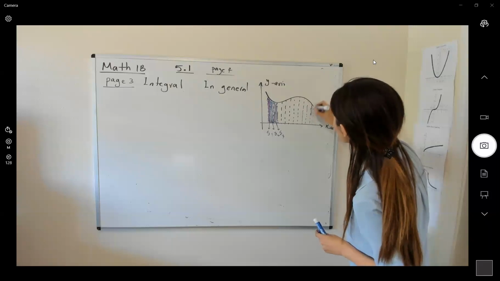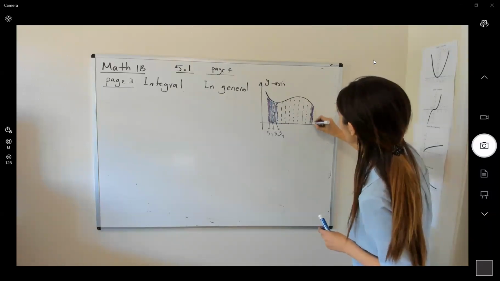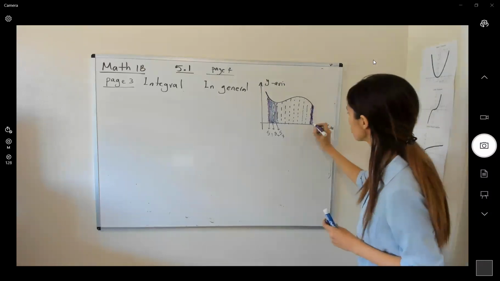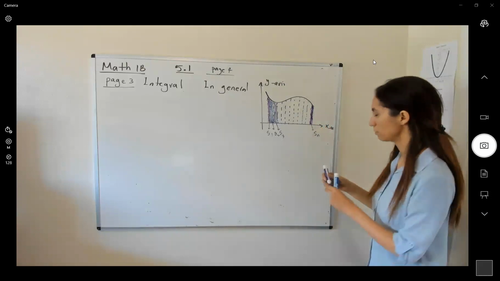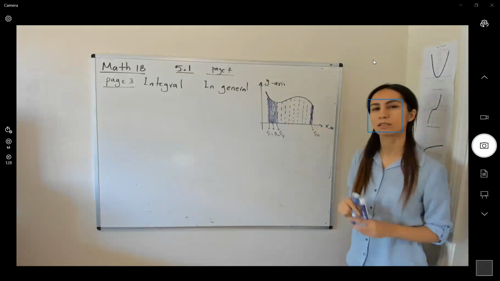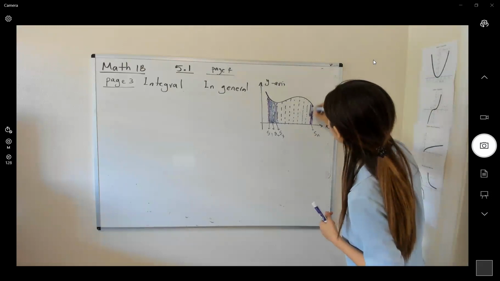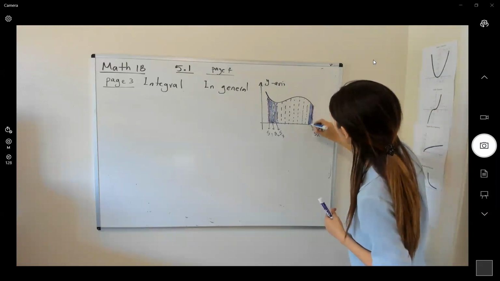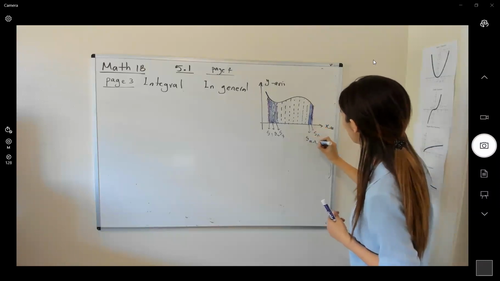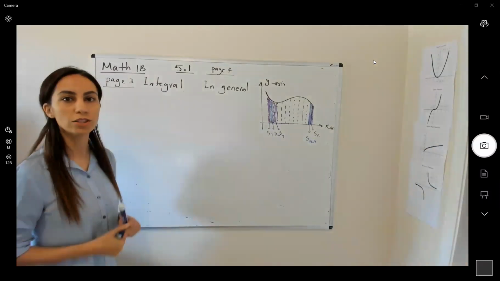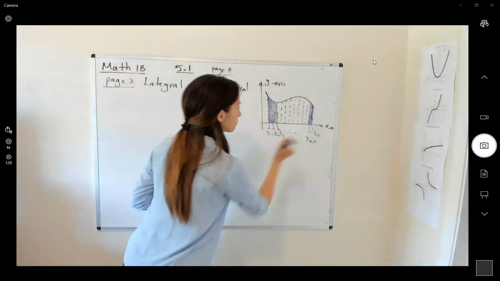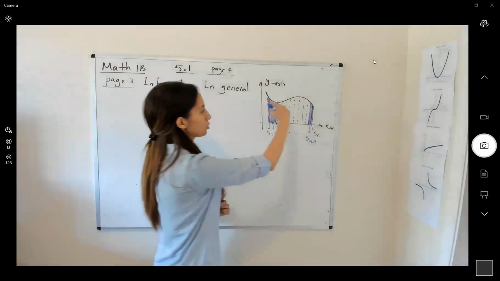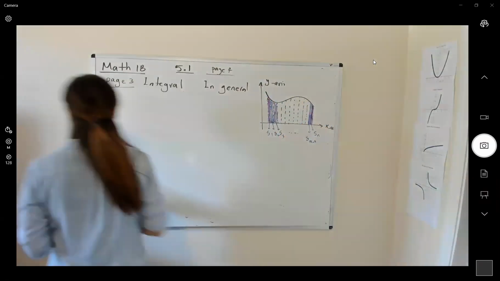So these are all small areas of these small rectangles. So suppose this is S sub n, and before S sub n you have S sub n minus 1. So let's have this right here. S sub n minus 1. If you add them all together, you get the best approximation of the area of this two-dimensional object down here.